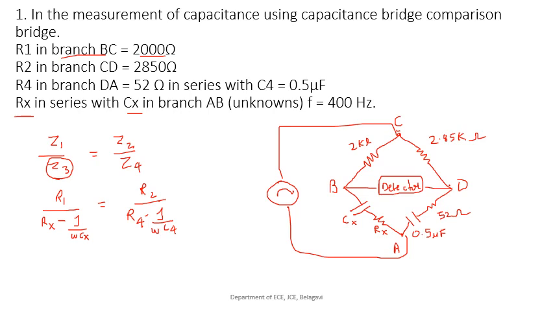Now if you solve for this, what you will get is R1 R4, cross multiply, minus j times R1 divided by omega C4 is equal to R2 Rx minus j times R2 divided by omega Cx.